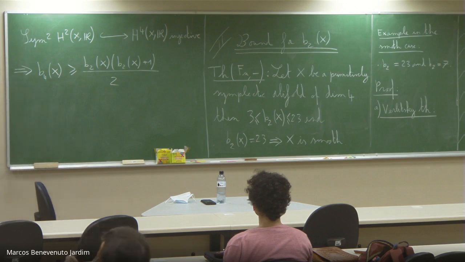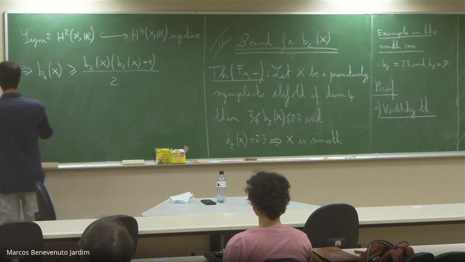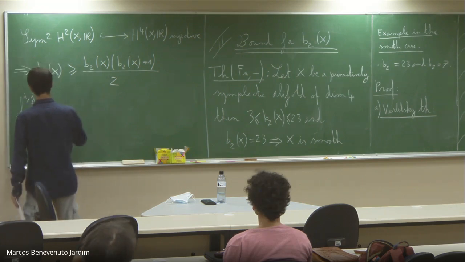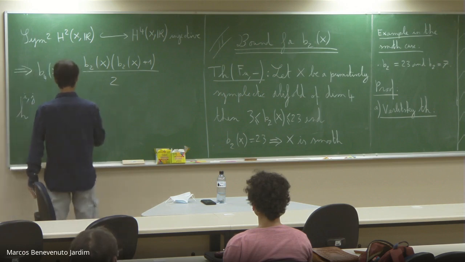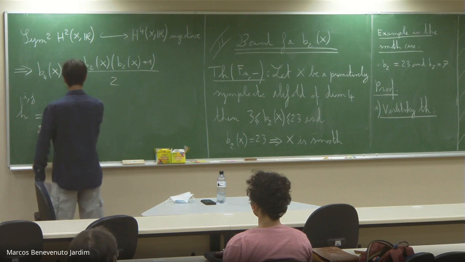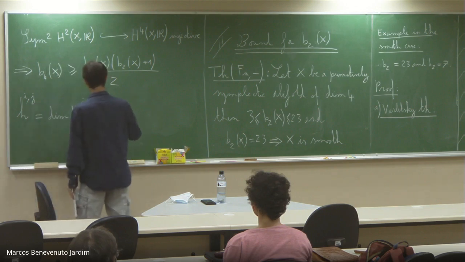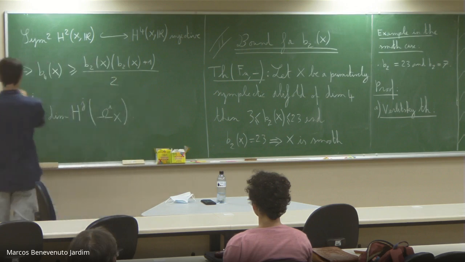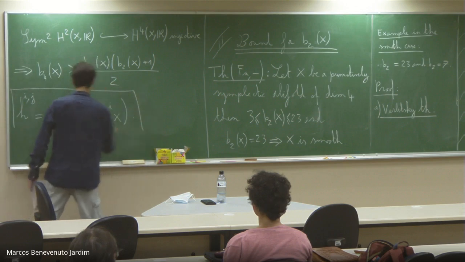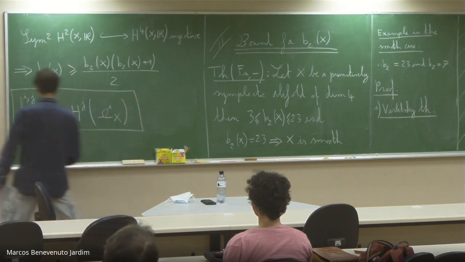I don't know if everyone knows what the Hodge numbers are, so maybe I should recall a little bit. The Hodge number, for example h^{p,q}, is the dimension of H^q of the sheaf of holomorphic p-forms on X. This is not the definition, but it's a way to see it. And there is the Hodge decomposition.